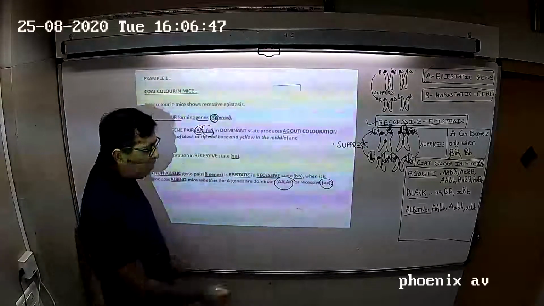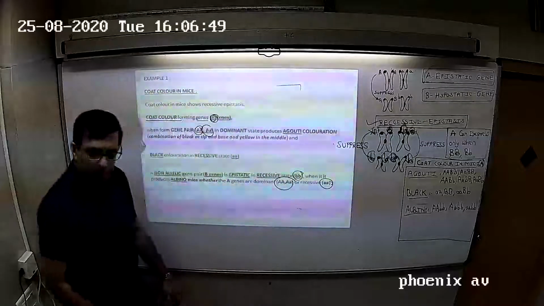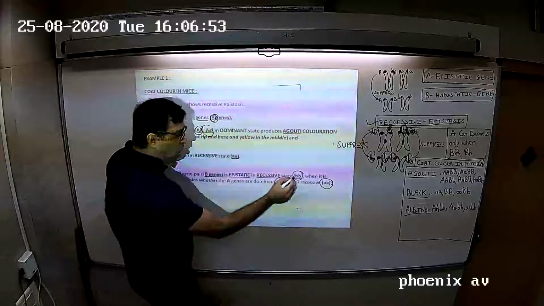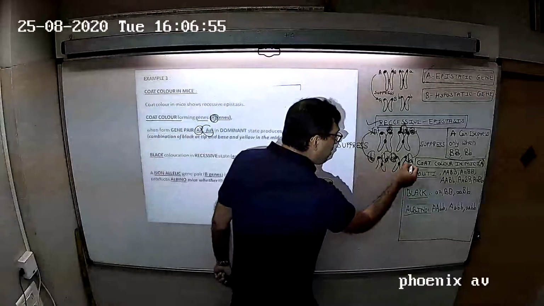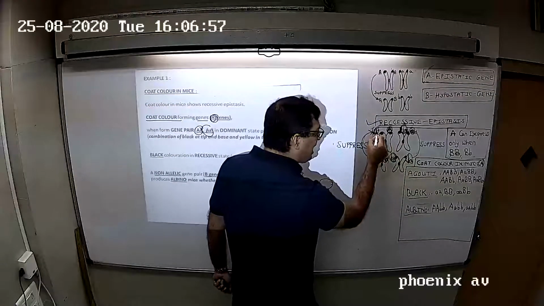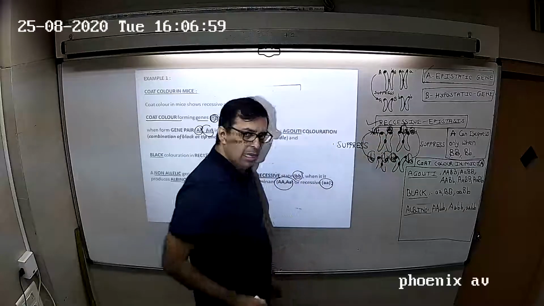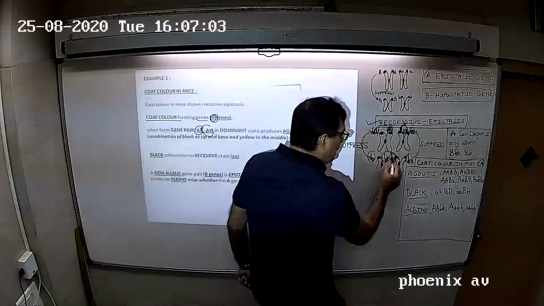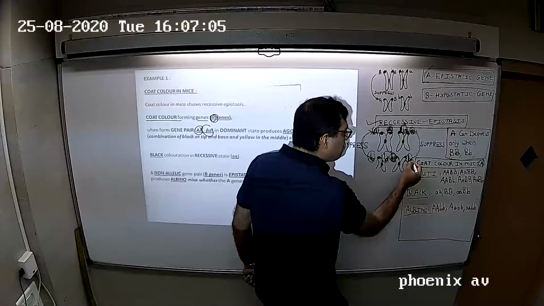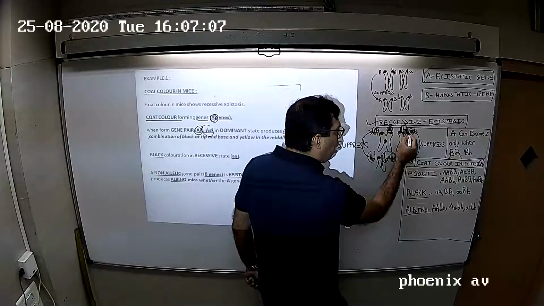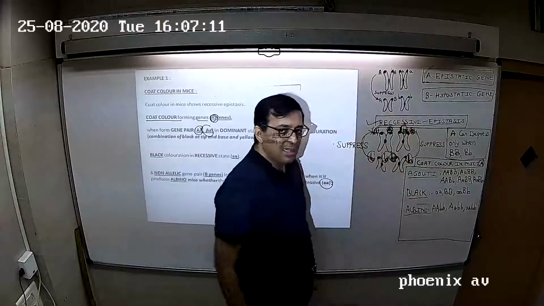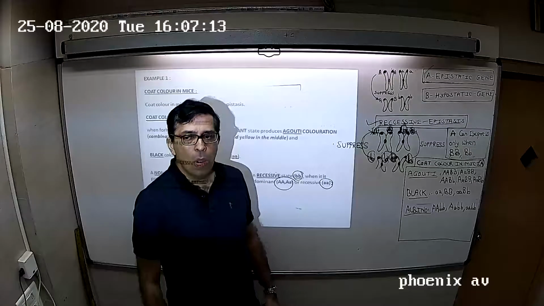So with any combination of A, capital A small a, and small a, if you have small b, what is the color? Small b will become epistatic over capital A, so albino. Small b will become epistatic over small a, so no black, again albino.